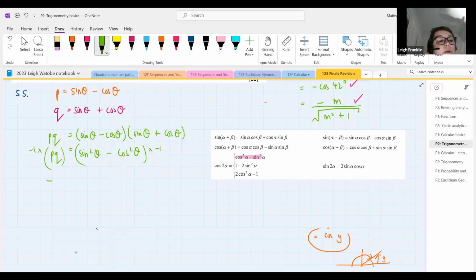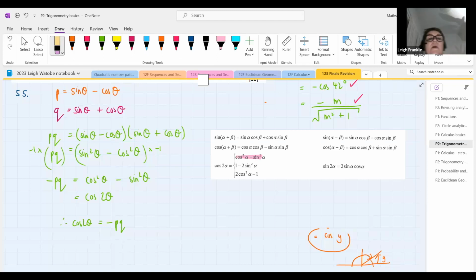So now I've got negative PQ is equal to cos squared theta minus sine squared theta. And that would be equal to cos 2 theta. Okay, so cos 2 theta is negative PQ. Isn't that a clever question? Okay, well done, Linda. You got that right.